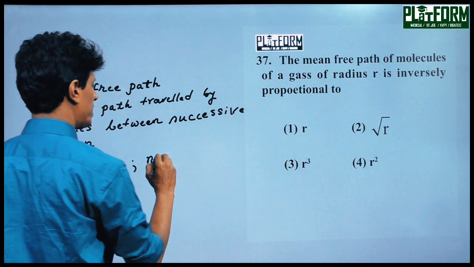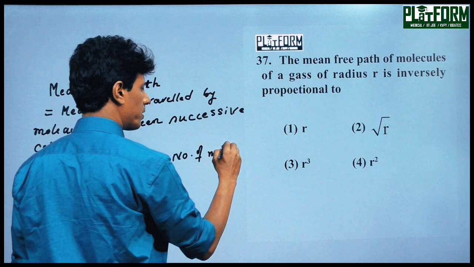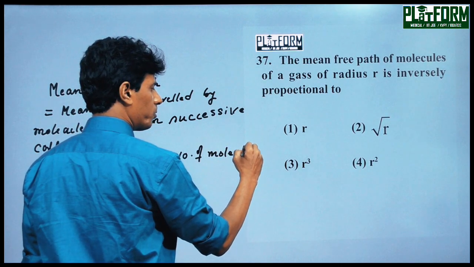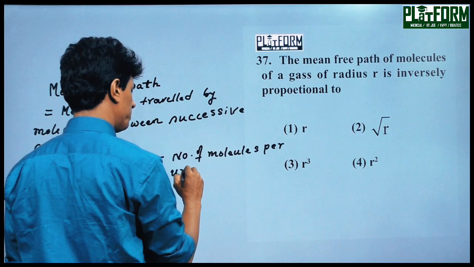Here n is the number of molecules per unit volume.